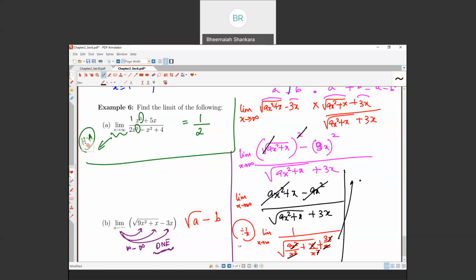So this becomes 1 over square root 9 plus 1 over infinity plus 3. The 1 over infinity term is 0. So you're going to write this as 1 over square root 9, which is 3, so 3 plus 3, so it's 1 over 6. You can understand the square root is only for 9 and it's not for 3.